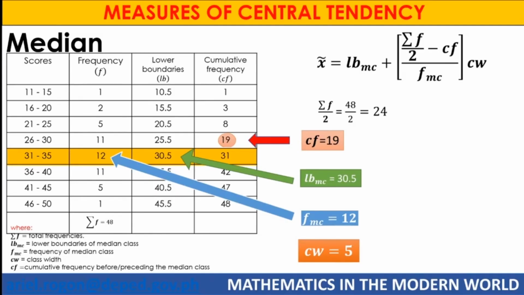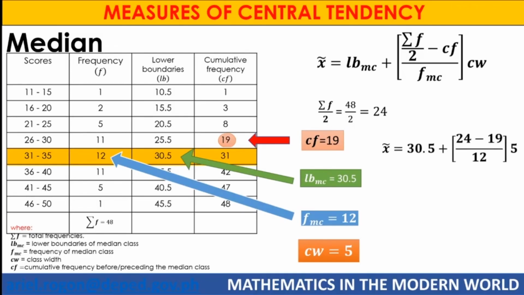So, again, our formula for the mean there is LB sub MC, or the lower boundary of the median class, plus the summation of f over 2 minus cf, all over f MC, times CW. So just substitute.